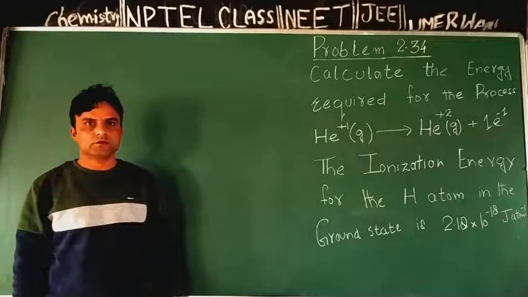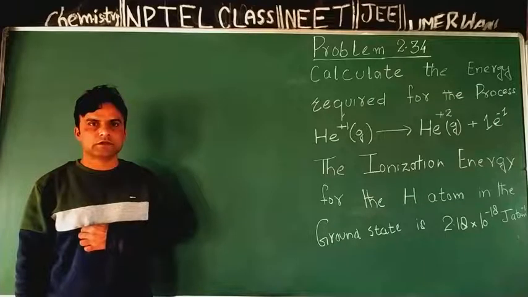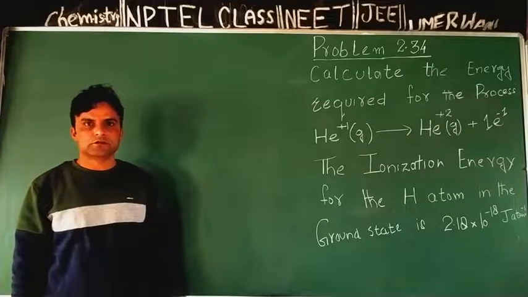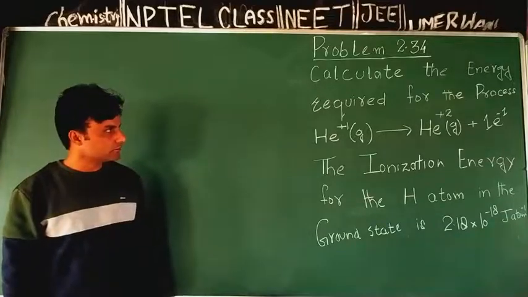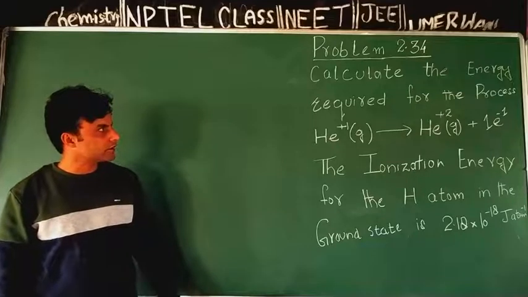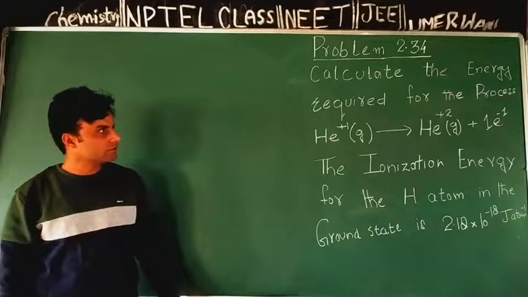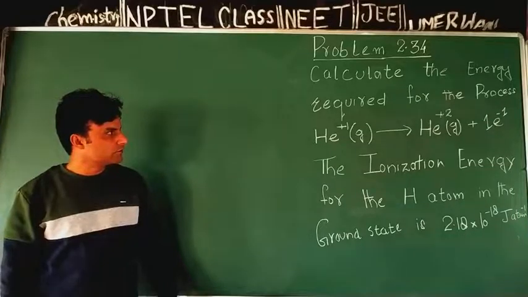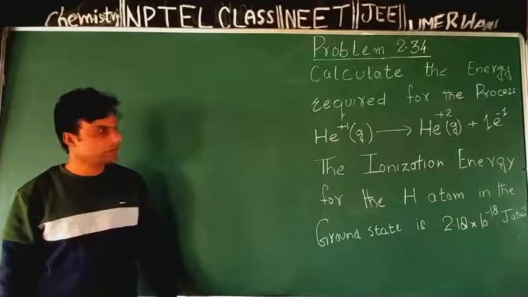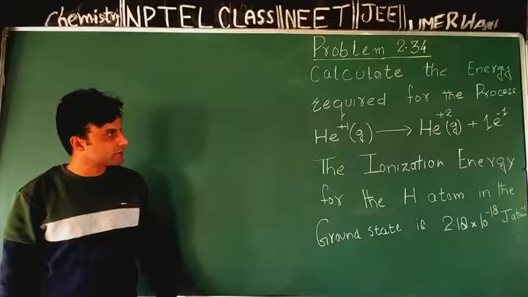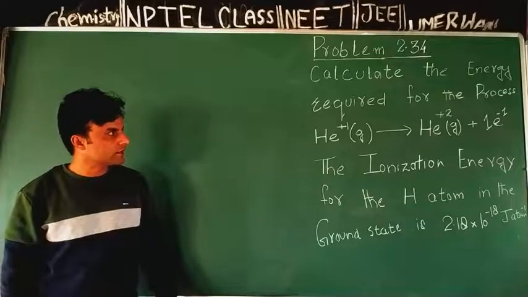Today I am here to solve chemistry class 11th NCERT problem 2.34 from unit 2nd, that is structure of atom. Let me read the problem. Calculate the energy required for the process unipositive gaseous helium ion changing to dipositive gaseous helium ion involving loss of one electron.